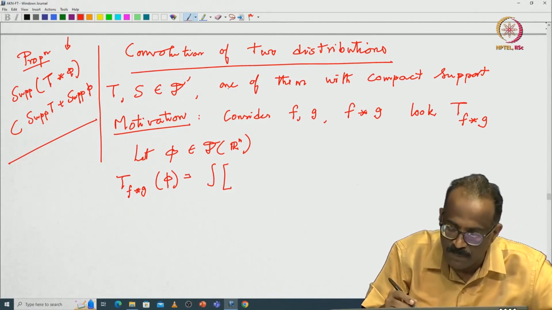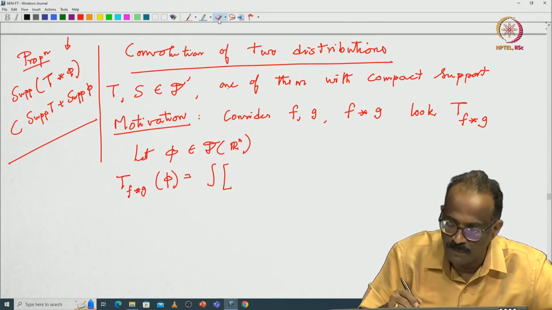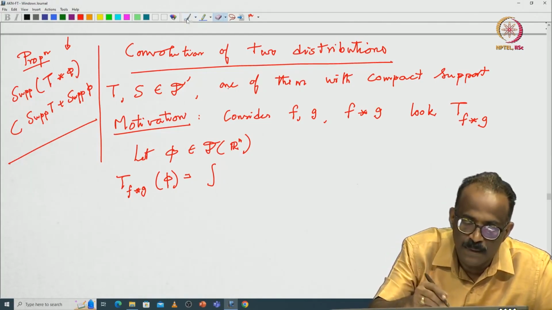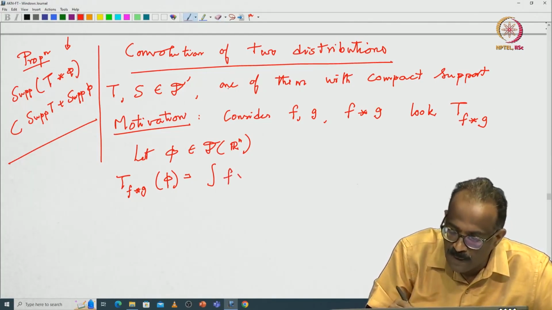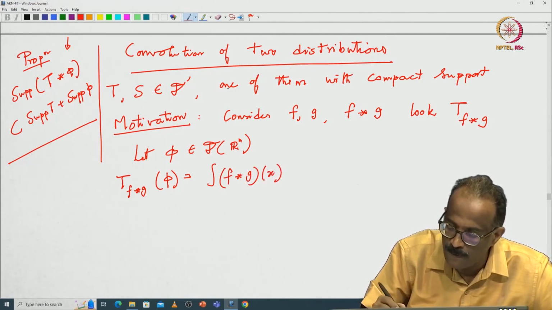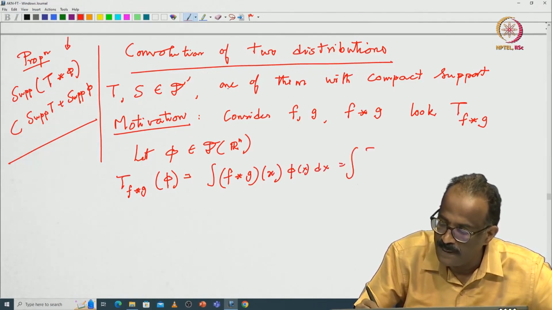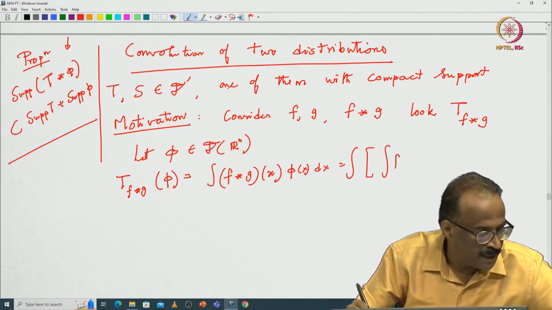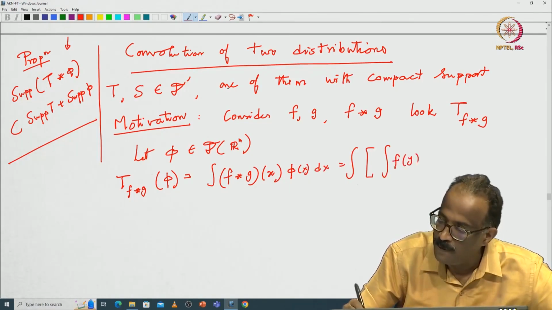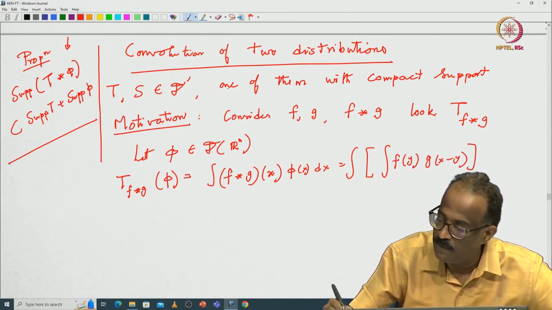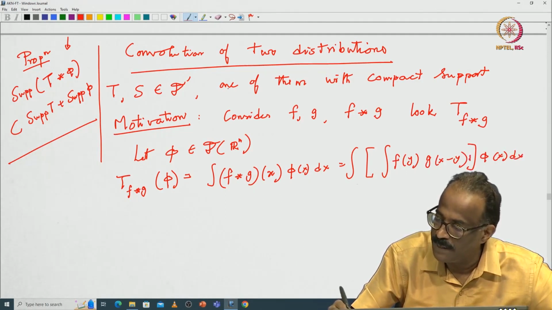So, maybe I will write in two steps, so you are not confused. This is equal to f star g of x into phi of x dx. So, this you will write as the integral of f of y g of x minus y phi of x dx, and you have dy here.